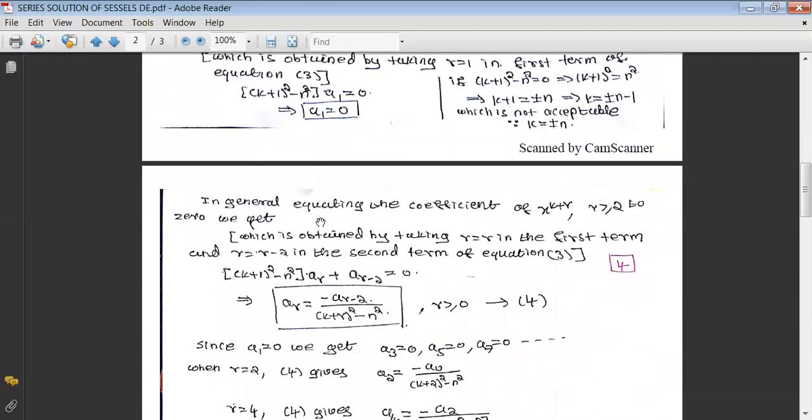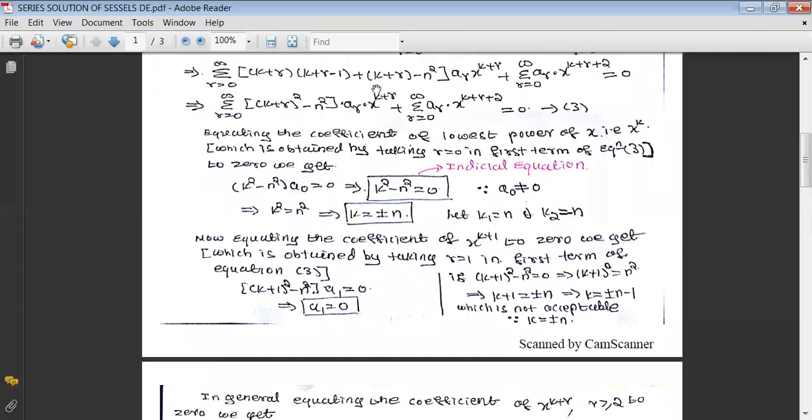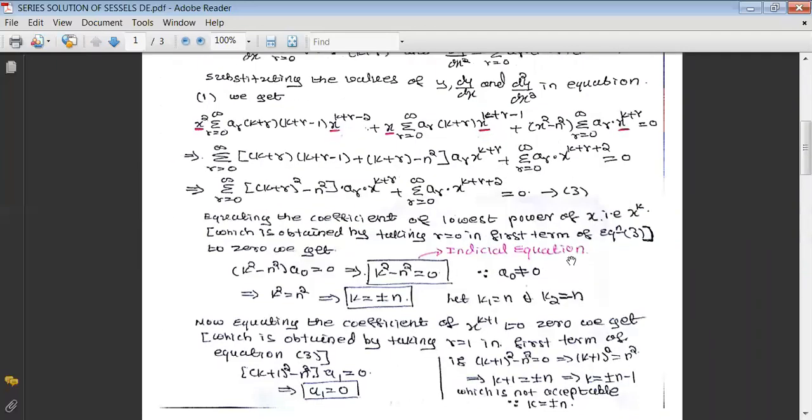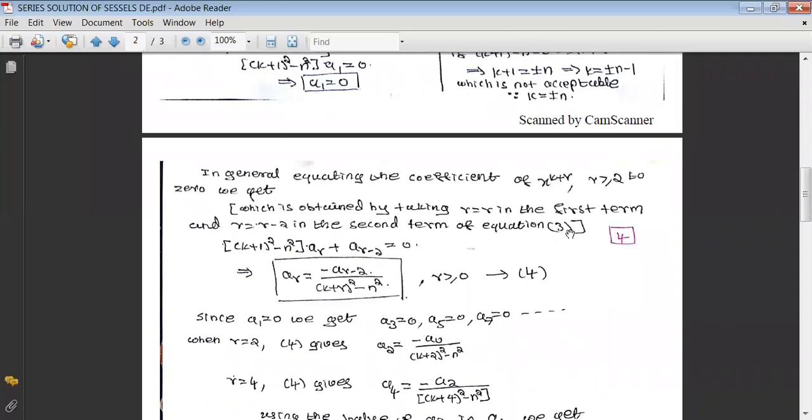and it has to be equated to 0. That's why here we have said, in general, equating the coefficient of x raised to k plus r, where r is greater than or equal to 0, we get, which is obtained by taking r equal to r in the first term and r equal to r minus 2 in the second term of equation 3.